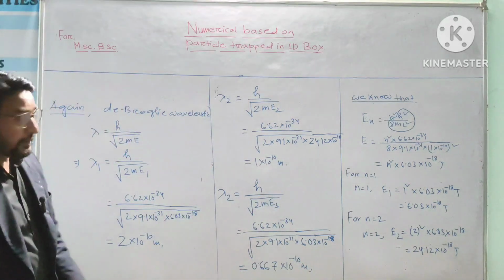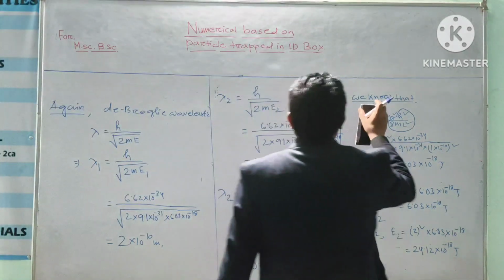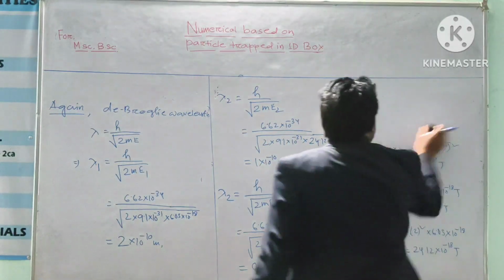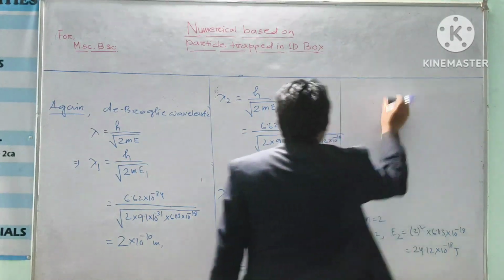So finally we can write the de Broglie wavelengths corresponding to energy states E1, E2, E3.